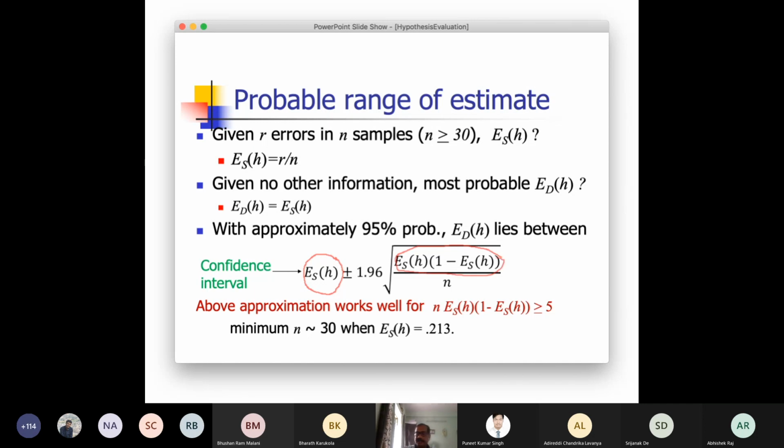So when you are estimating the mean of that binomial distribution itself, P is the mean of the distribution.